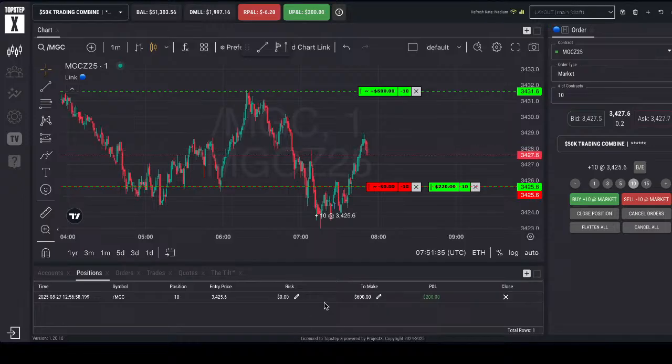Yeah, the price will try to come down, but it's okay. We don't need to do anything else. So let's wait and watch what's happening.